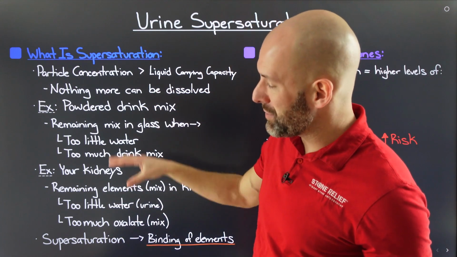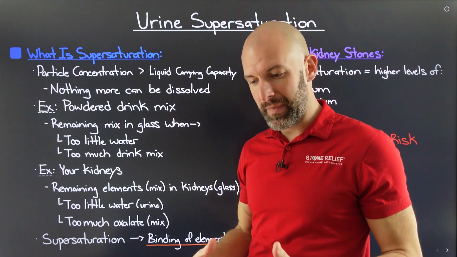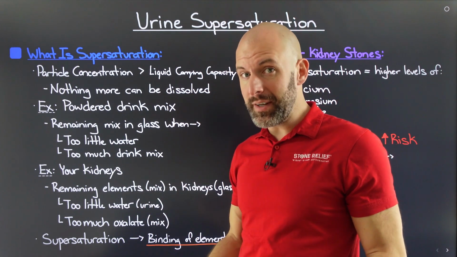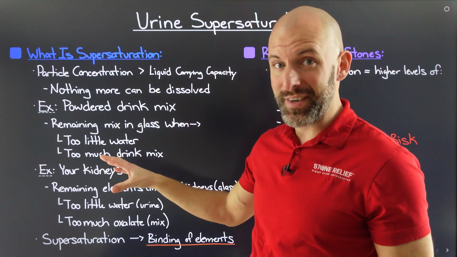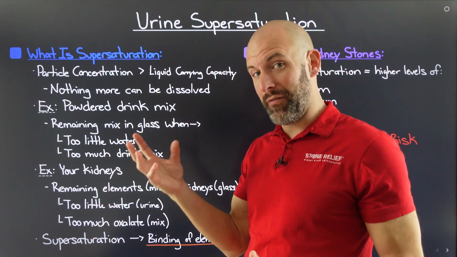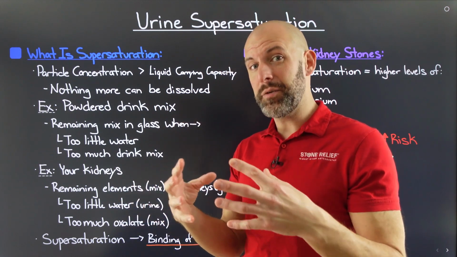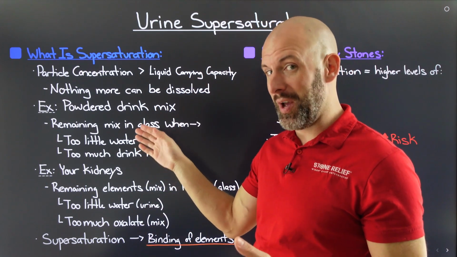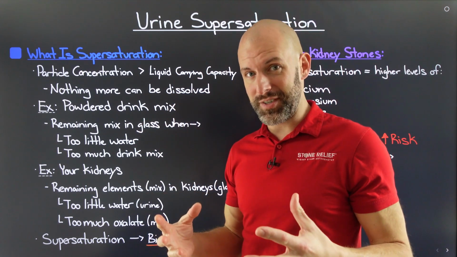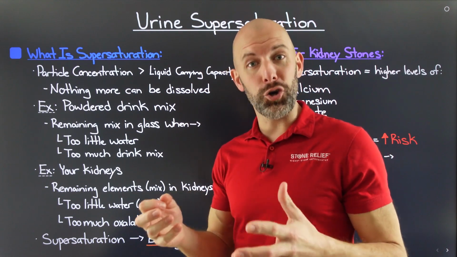So in either situation, a calcium oxalate kidney stone cannot occur unless we have elements that are outside of the liquid's carrying capacity that are free to bind with each other. In the drink mix situation, you have extra drink crystals sitting around that might bind together to form bigger clumps.